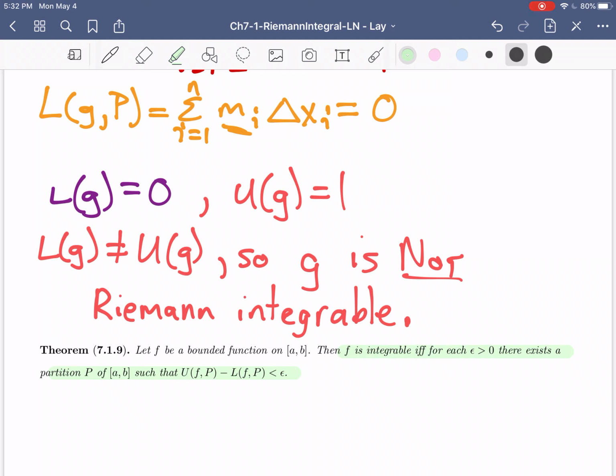So for every epsilon, there is a partition that will satisfy the difference between the upper sum and the lower sum being less than epsilon.